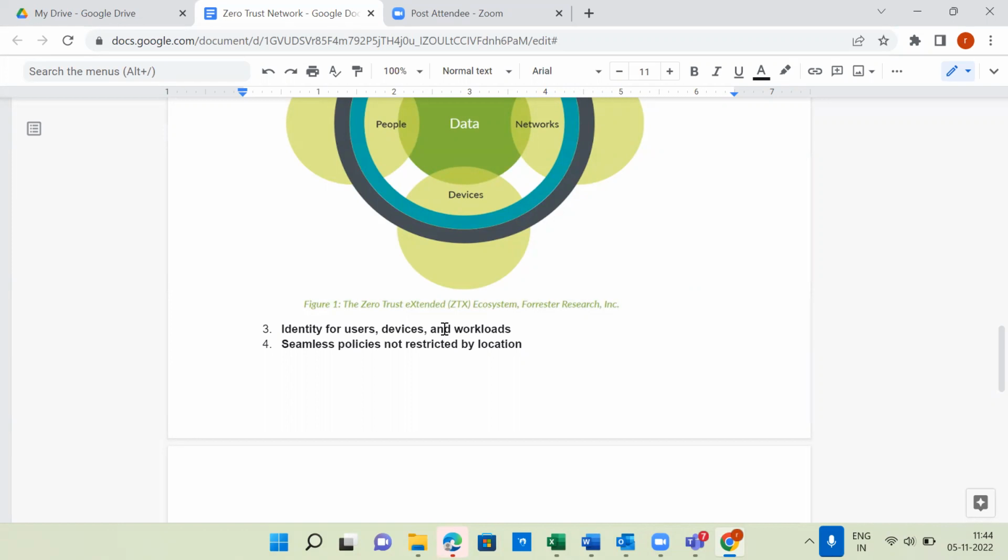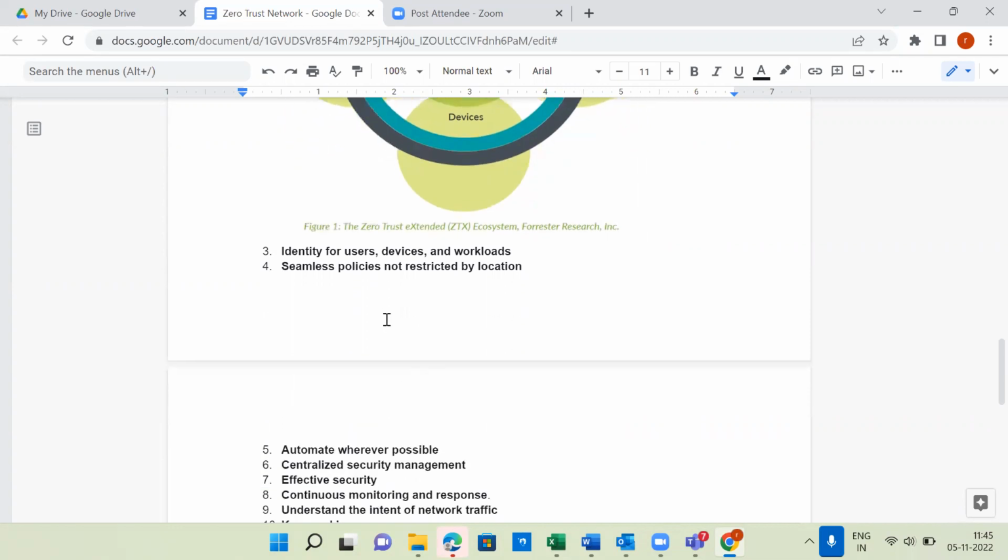And additionally, device authentication as well, and even workload authentication as well, using identity and access management, using role-based access control. If we are identifying the identity of the users or devices and workloads, whenever any incident happens, we can see traceability, who has done what. So that is the third security principle we have to implement. That is nothing but IAM for the users and devices and workloads.